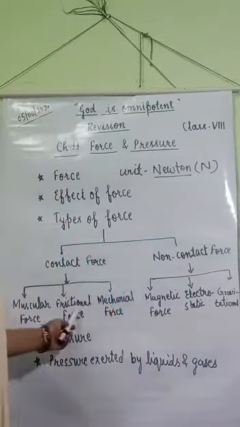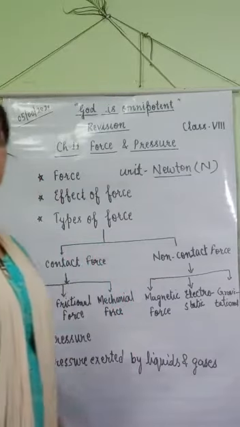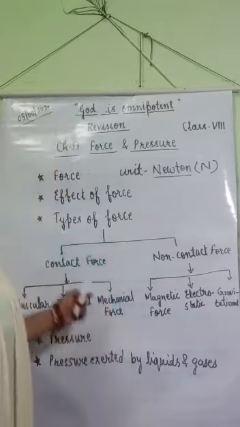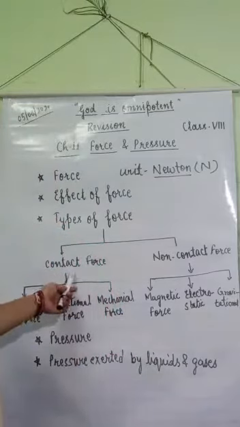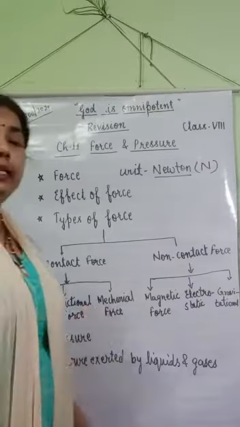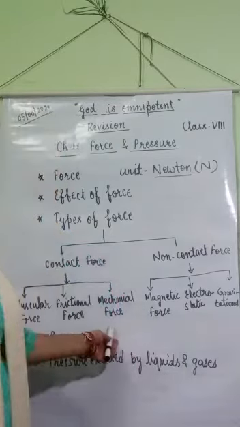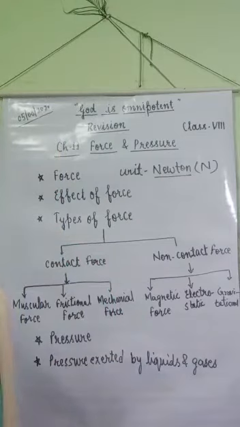So it is due to the frictional force. There is contact between the ball and the ground, so it is also a part of contact force. Mechanical force: a force which is applied by a machine is known as mechanical force.